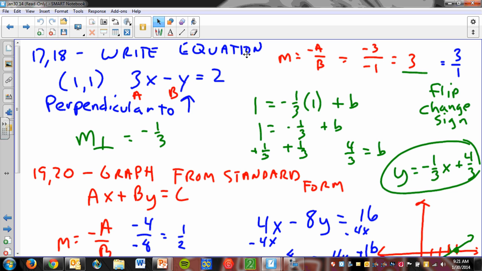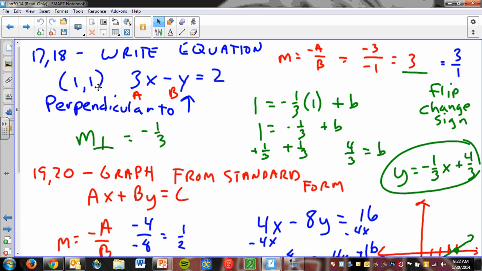17 and 18, write an equation perpendicular. So if we are given a and b, our slope is -3 over -1 right here. So the slope of the equation they gave us, because that's all we care about, happens to be 3, or 3 over 1. When we're perpendicular, flip the fraction, change it from positive to negative, or change from negative to positive, whichever you need to.